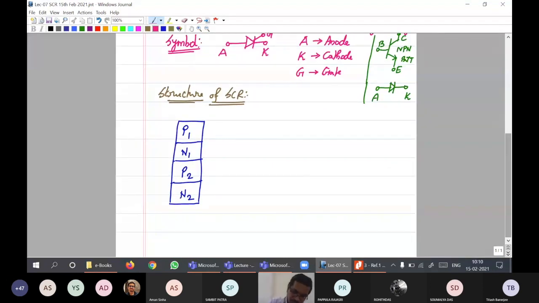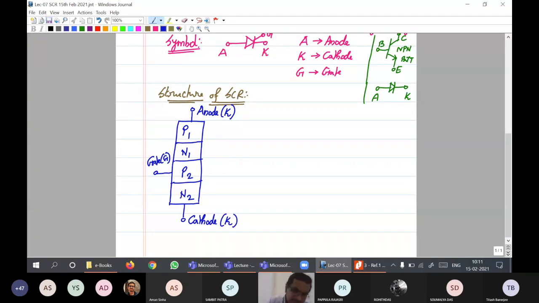Now, the structure has got 4 layers, where P1 and N2 serve as the anode and cathode respectively. P1 serves as the anode. P2 serves as the gate terminal. Right.